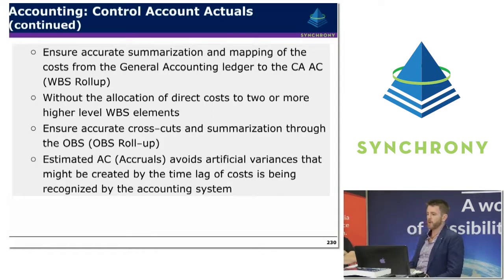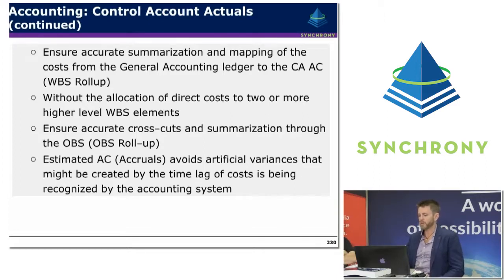We need to also ensure that accurate cross-cuts or slicing and dicing of summary information can be enabled by the work breakdown and the organisational breakdown structure, so that performance can be rolled back to different organisational managers, and a variety of other reporting regimes that can be tailored to suit using codes.